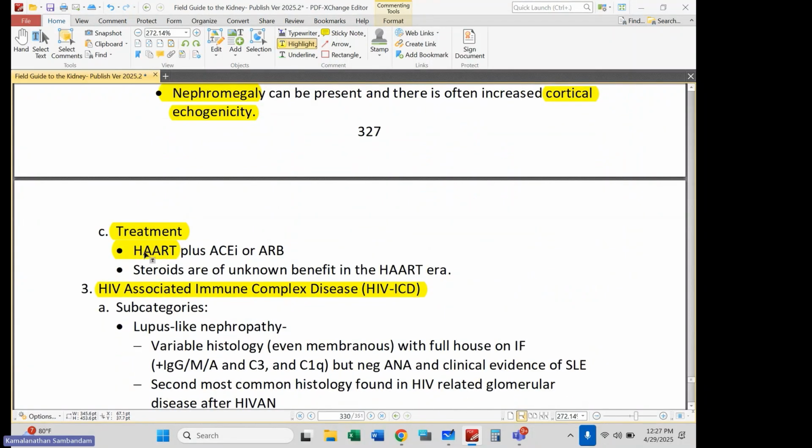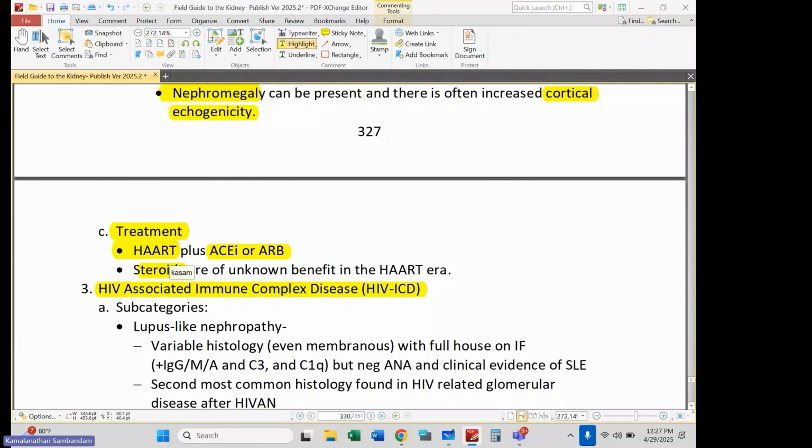Treatment is generally the prompt initiation of HAART therapy. There is also evidence suggesting that ACE inhibitor therapy has protective effects even in mouse models of HIVAN. And then the question of whether to use steroids is one that has evolved over time.